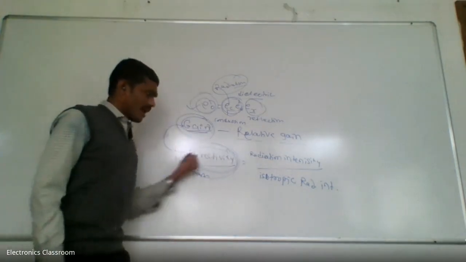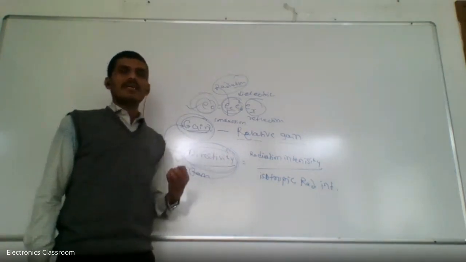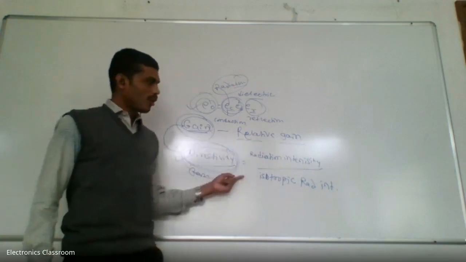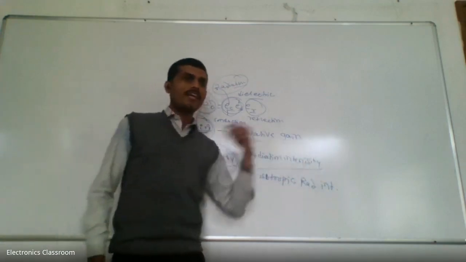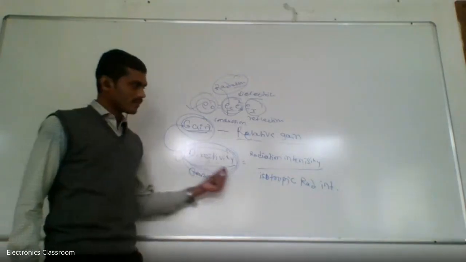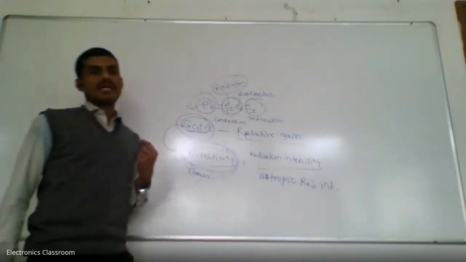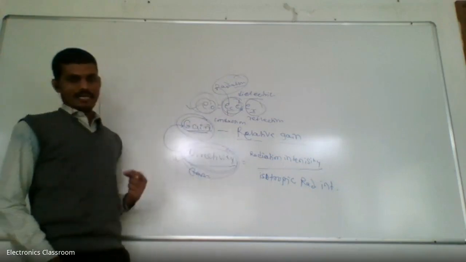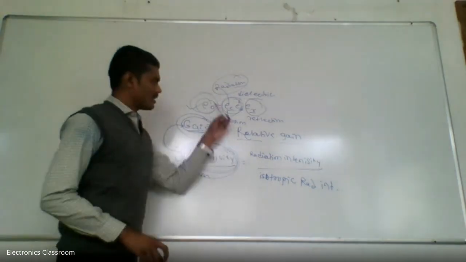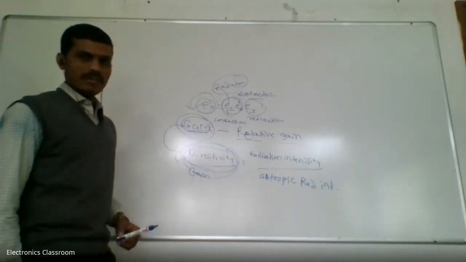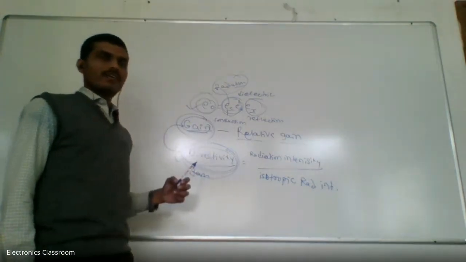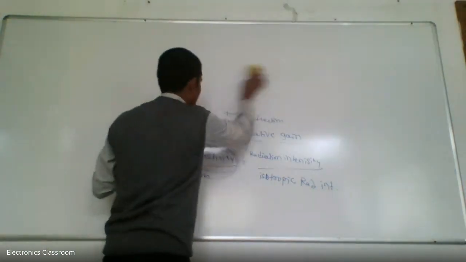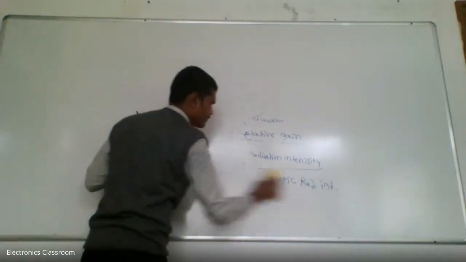And your directivity is the ratio of the radiation intensity of the antenna in a particular direction to the isotropic radiation intensity of the same antenna. So by using these two parameters, we can derive the next parameter, that is gain.